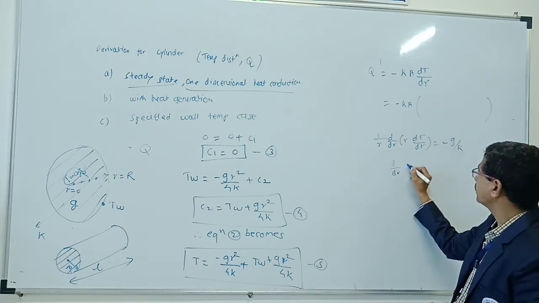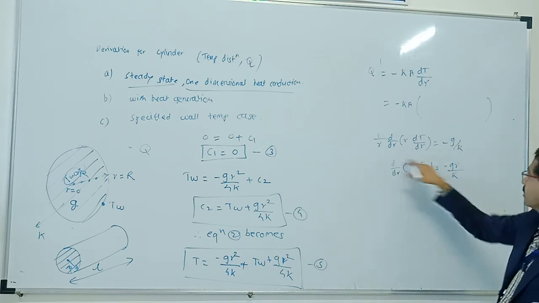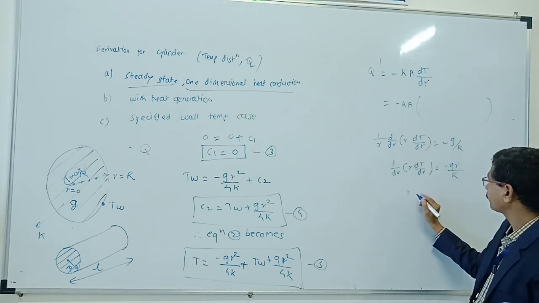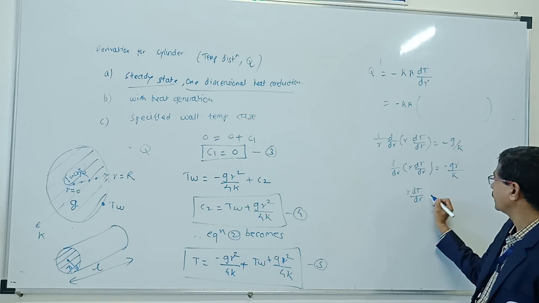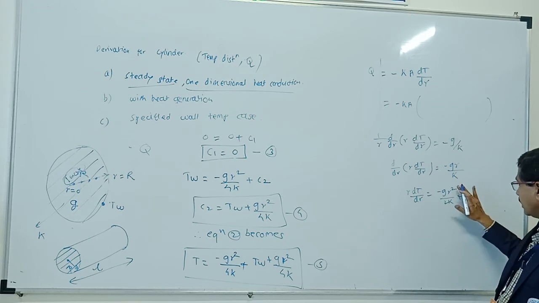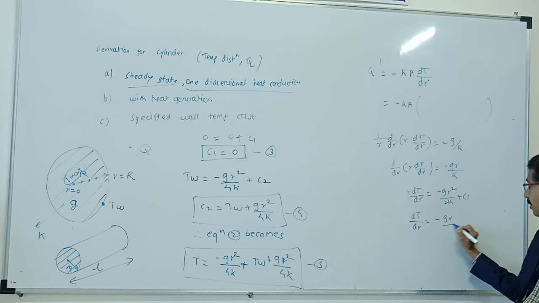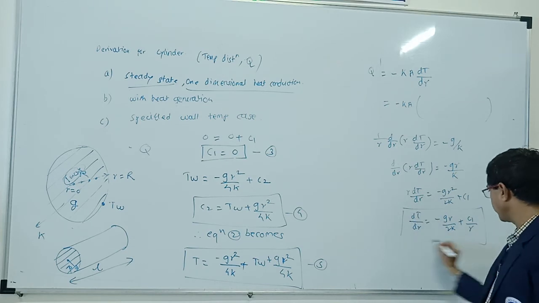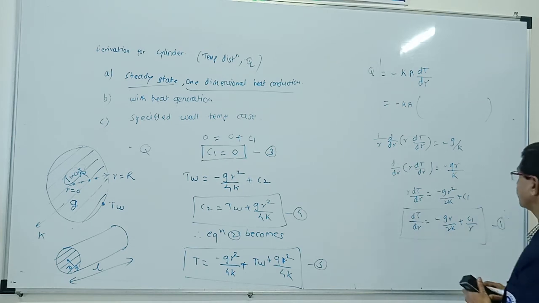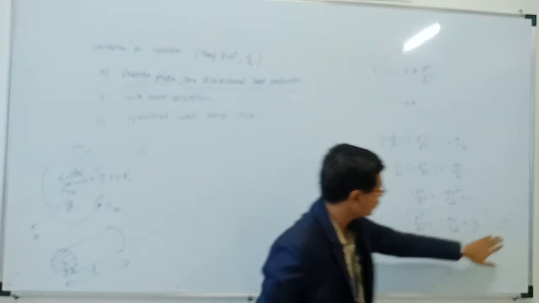So d by dr, r dt by dr is equal to minus gr by k. ये r इस तरफ आएगा तो r dt by dr is equal to minus z r square by twice a plus c1. ओके, तो आई थिंक dt by dr था हमारा माइनस z r by twice a plus c1 by r. ये एक्सप्रेशन था हमारा इक्वेशन 1. ये मेरे पास नहीं था तो मैंने इसका यूज किया. ओके, तो गलती से मुझसे वो रद्द हुआ था तो मैंने वो इक्वेशन 1 यूज करना है मुझे.